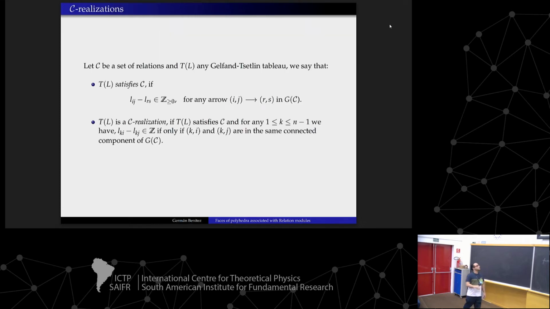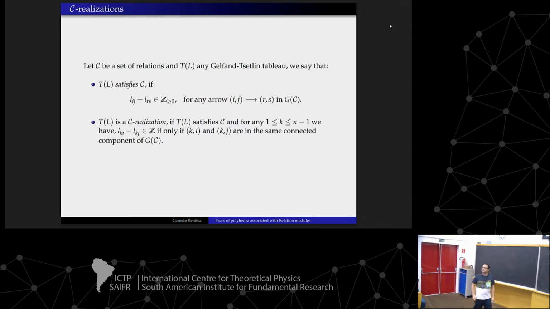Now a technical definition: given a set of relations R and a Gelfand-Tsetlin tableau, we say that the tableau satisfies the set of relations if it satisfies this condition for any arrow in the graph associated to the set of relations.